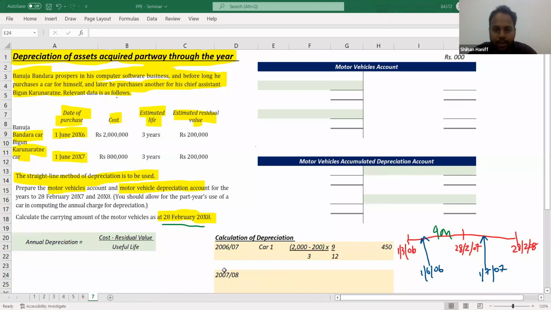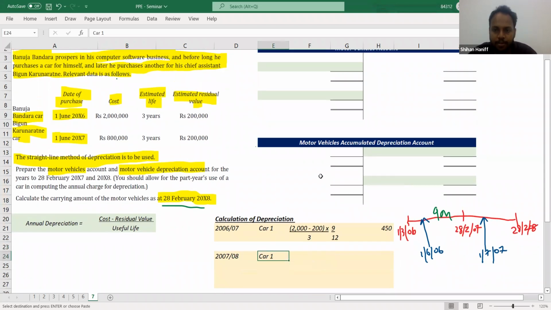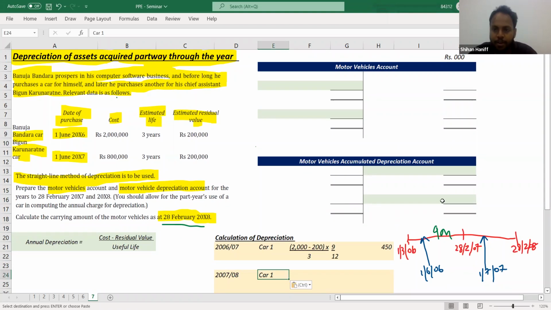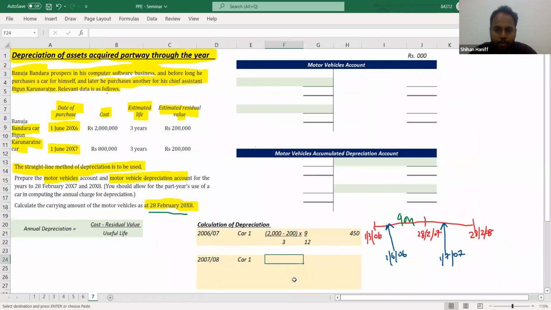financial year 7-8. So in financial year 7-8, there are two vehicles, car 1 and car 2. The first car was purchased on 1st of June 2006.